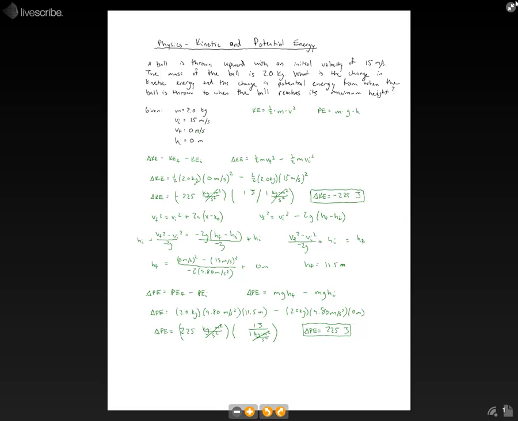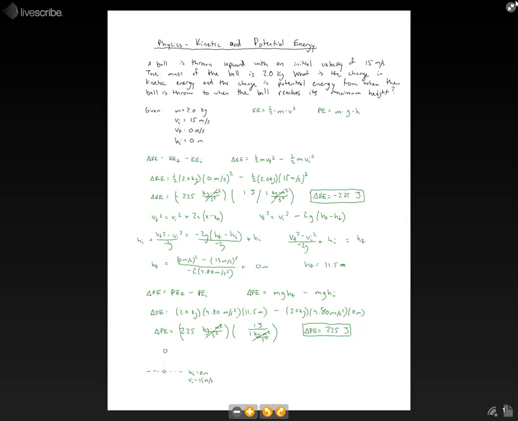The reason for this is because, I'll go ahead and draw a picture here. At the ball's initial state, we'll say that's the ground state, so your initial height is 0 meters. It also has an initial velocity of 15 meters per second.